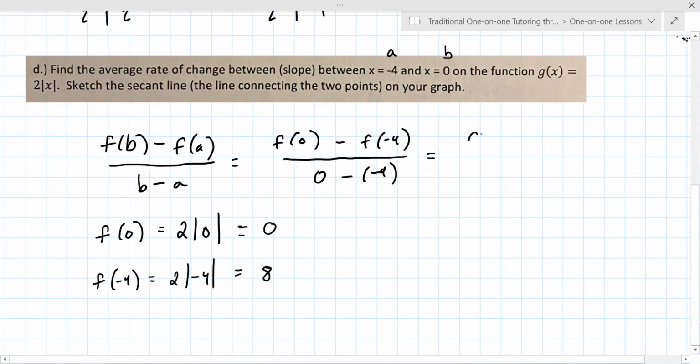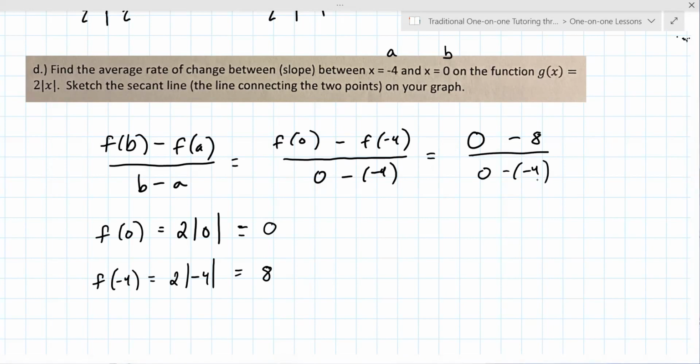So these two values you just found go in the numerator. The 0 goes in the first position, and 8 goes in the second. And then on the bottom, it's 0 minus -4. So what does this simplify to?